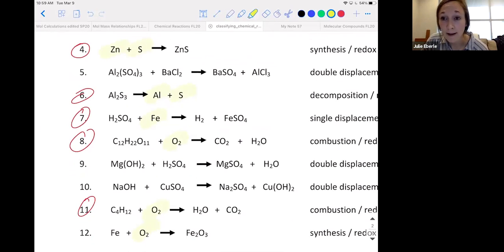And when it's in a compound, its oxidation number is not 0. That's a red flag. Oh, something's changing charges. So if I ask you to just classify without asking you what's oxidized, what's reduced, that should really simplify how you identify a redox reaction. Okay. Is this helping at all? Okay. I hope so. They're hard.